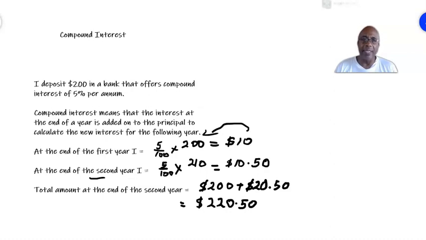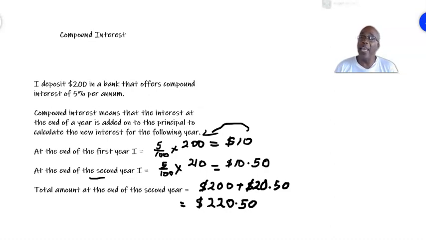So at the end of the second year, the total amount that will be in the bank will be the principal, $200, plus the interest at the end of the first year, added to the interest at the end of the second year, which is $20.50. When we add the two, we get $220.50 as the total amount that's in the bank at the end of the second year.